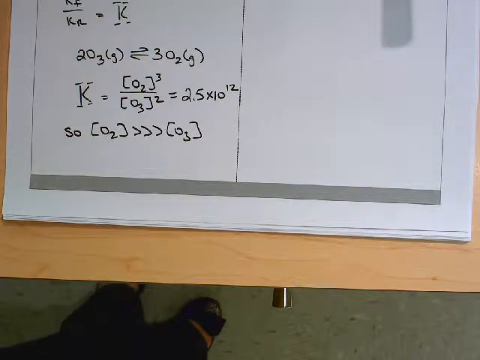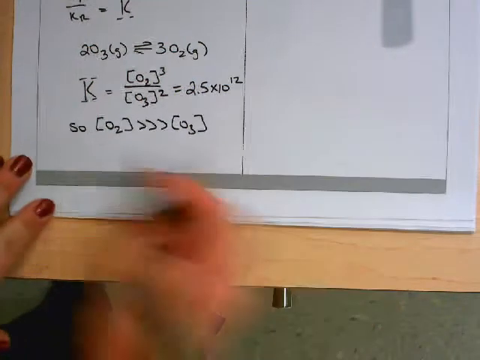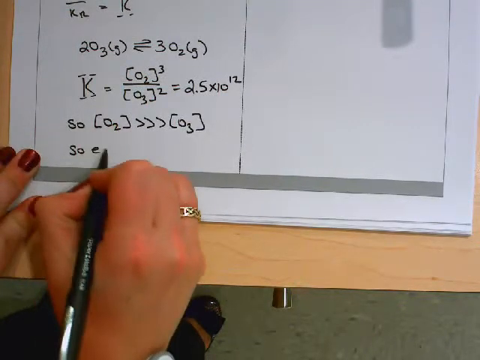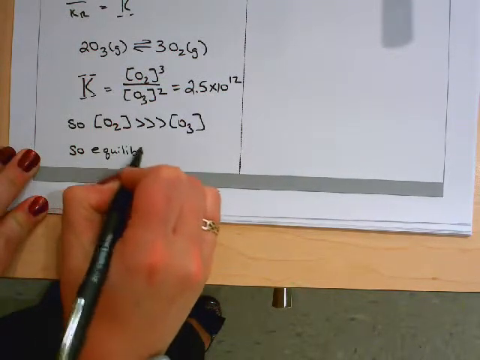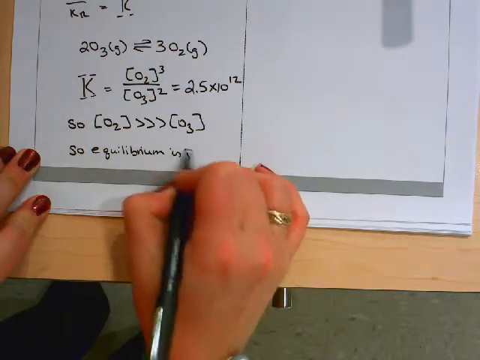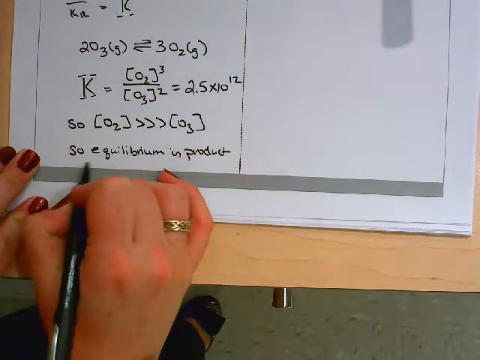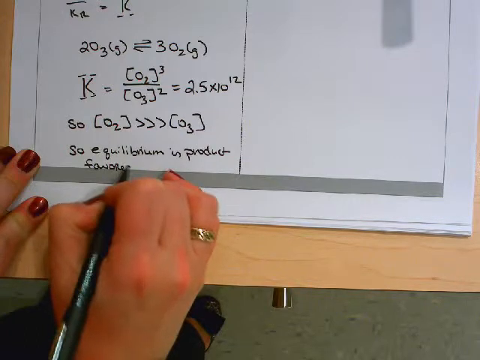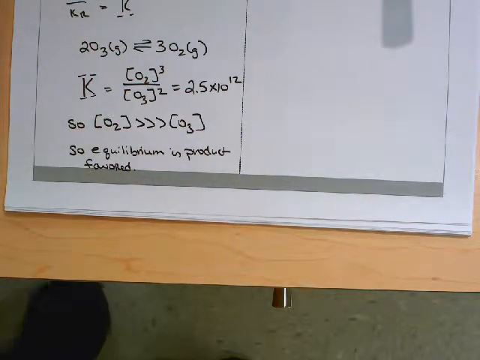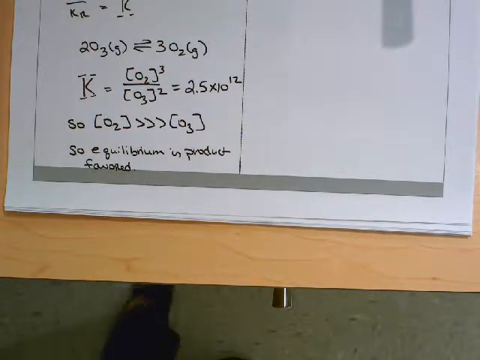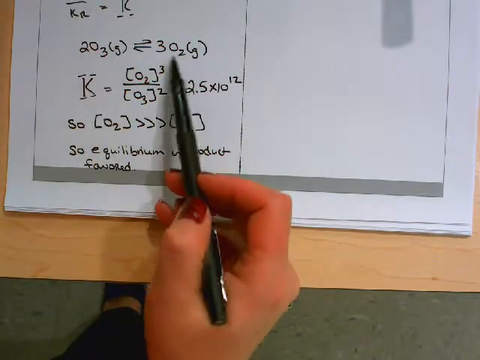Alright, so we're at the point where there's lots and lots and lots of oxygen compared to ozone. So we say that the equilibrium is product favored. At this point, it is making a lot of product. It's very likely for ozone to fall apart to make oxygen.